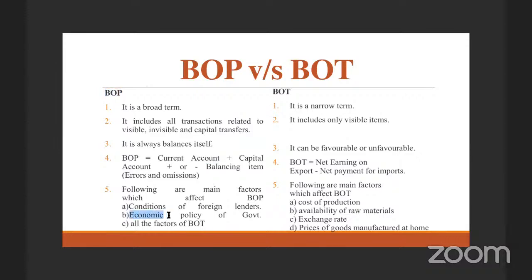The economic policy of the government is one of the influential factors, and the behavioral patterns of the people in foreign countries, the lenders. Then, when it comes to balance of trade, it is the cost of production, the availability of raw material, the exchange rate, and the price for the finished goods available in the international market. These are the factors influencing balance of trade.